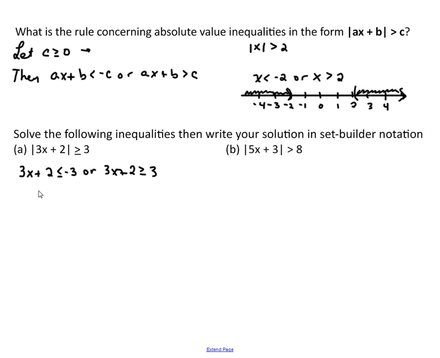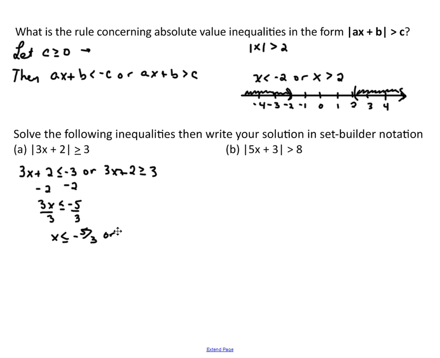And we solve our two inequalities normally now. So let's subtract 2 from both sides. We get 3x is less than or equal to negative 5. Dividing both sides by 3, we get x is less than or equal to negative 5/3.